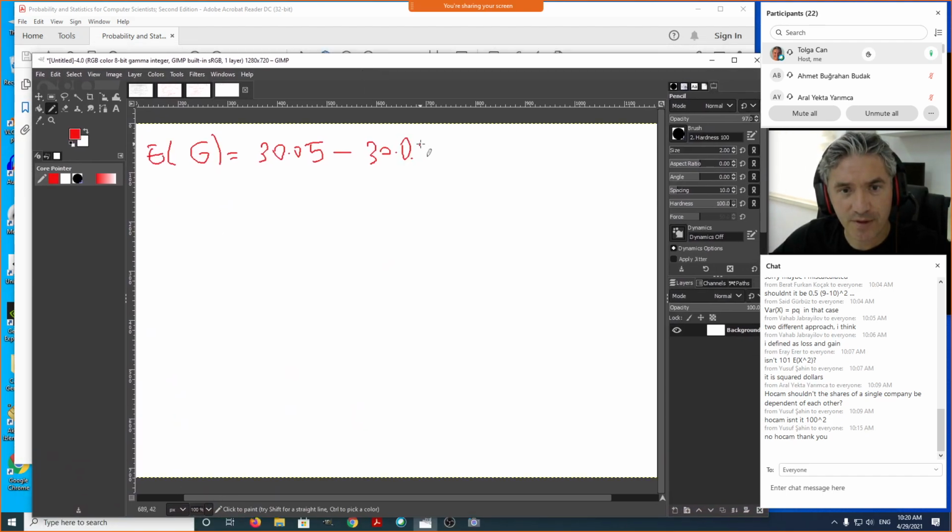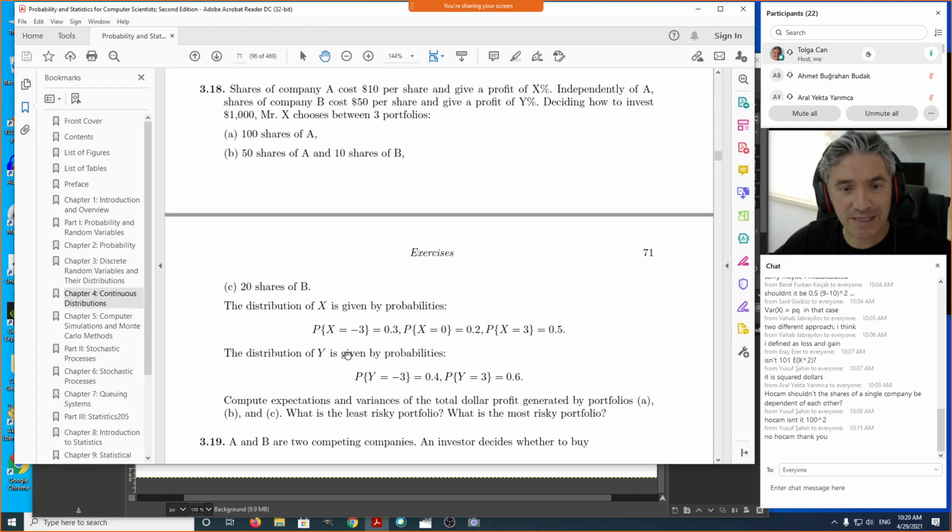So this is going to be 15 minus 9, so our expected gain is $6. We can compute the expected gain in all of these, but just the expected value of the gain is not the only thing we should consider here. We should consider the variance as well.